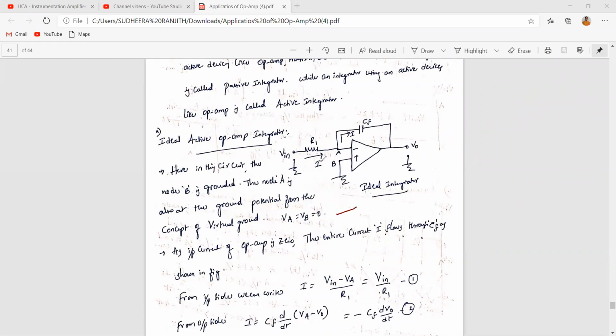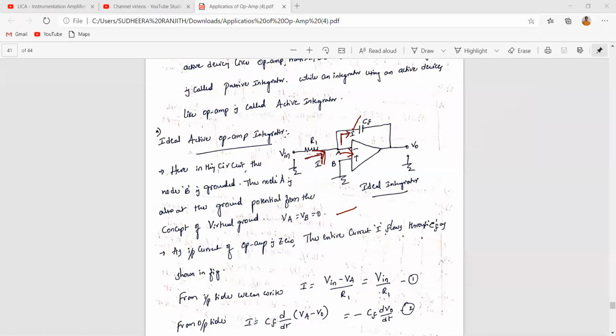Now, here the current through R1 is considered as I. What is the current through the op amp? 0, sir. Then what is the current flowing through your capacitor?